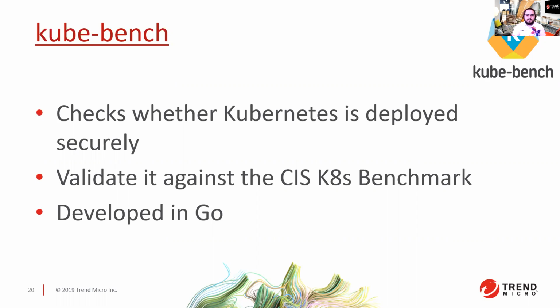So there is this open source tool released by Aqua Security called kube-bench. It basically checks whether Kubernetes is deployed securely by validating it against the CIS Kubernetes Benchmark. It's developed in Go, and it checks all the items from the benchmark and gives you a pass, fail, or warning response.